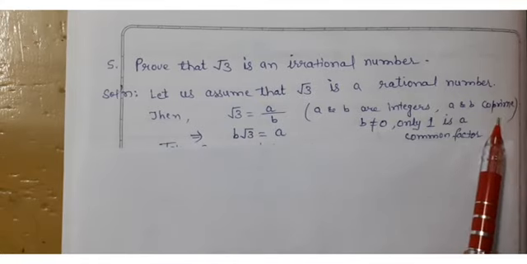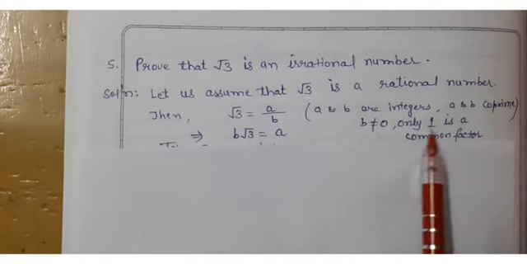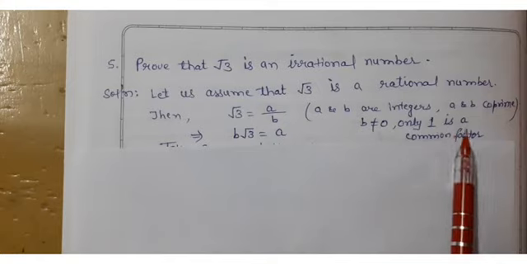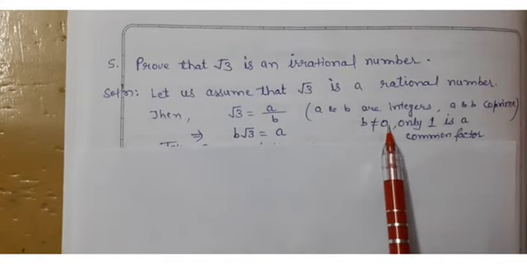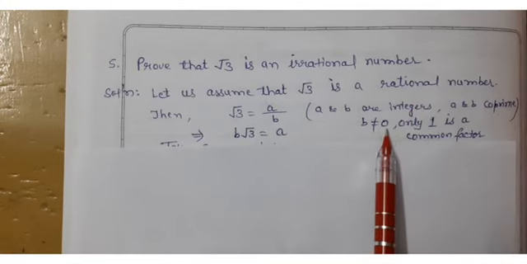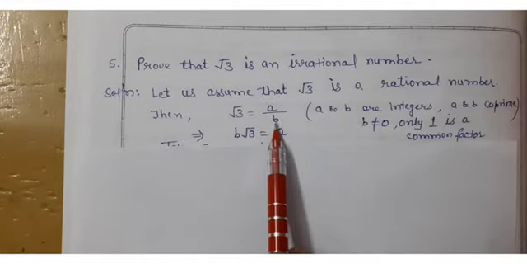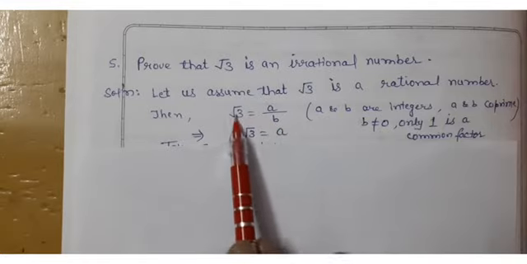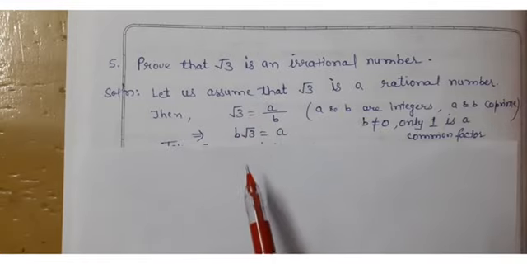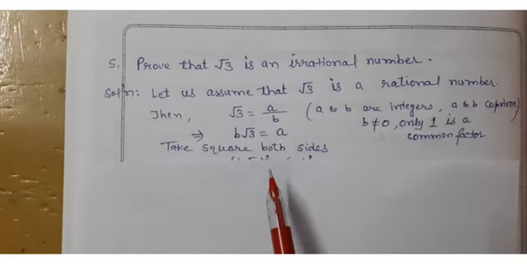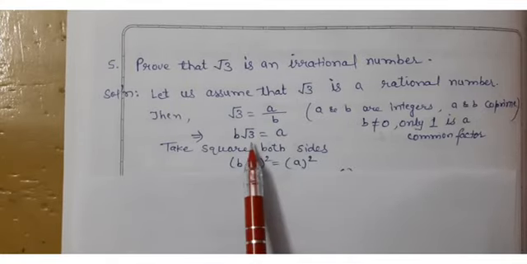Co-prime means what? Co-prime numbers have only one as a common factor. Okay, and b is never equal to 0 because it is given to you as a rational number. So under root 3 equal to a upon b, then cross multiplied, b root 3 is equal to a. Okay, then what do you do?